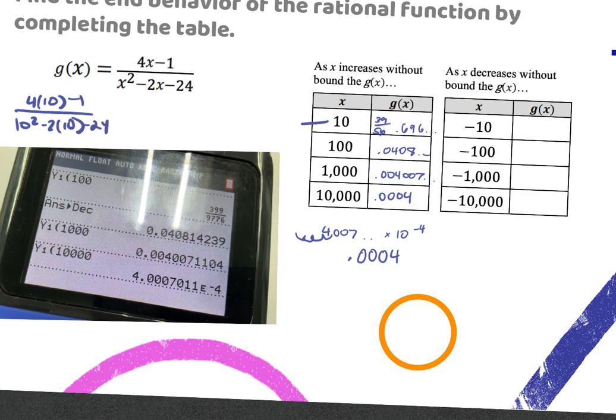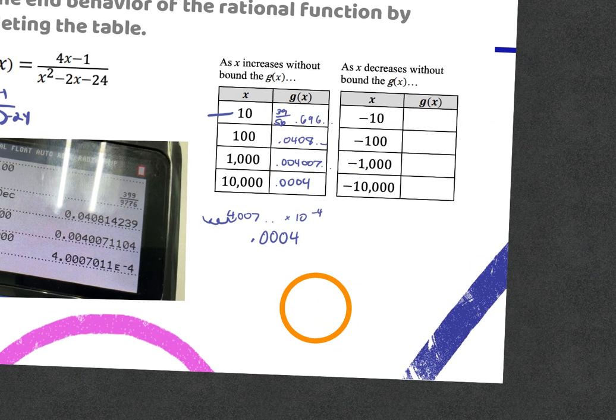I'm going to do negative 10. And math decimal. This is negative 0.427. And then negative 100.